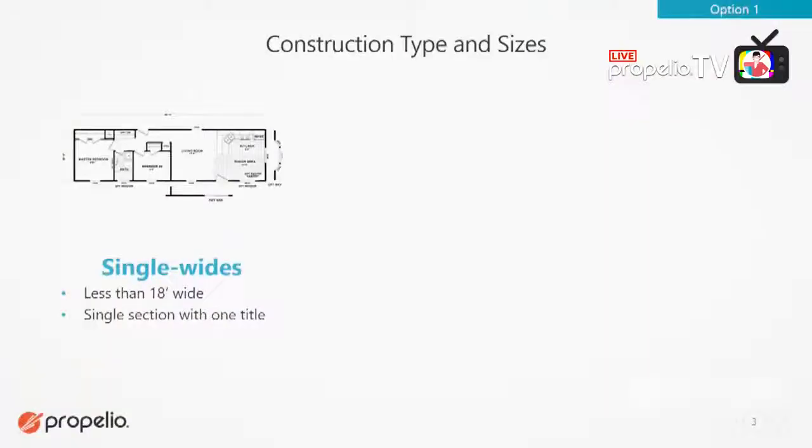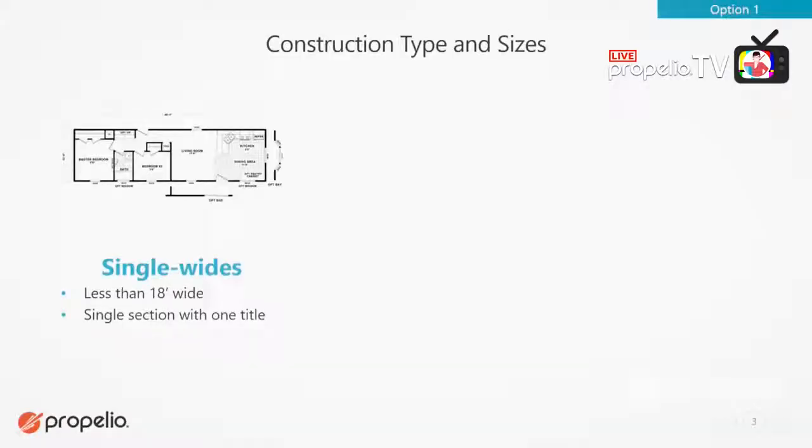Construction type and sizes. I'm positive most everybody out there understands what I mean when I say I've got a single wide mobile home, but I need to make sure that I'm touching all bases here. Single wide mobile homes are typically less than 18 foot wide. I've seen them anywhere from about 25 foot long to, I think the biggest one I've seen so far was 84 or 86 foot long.